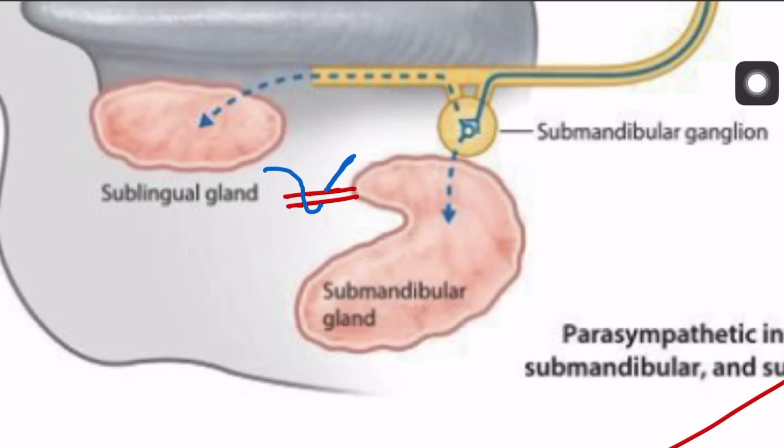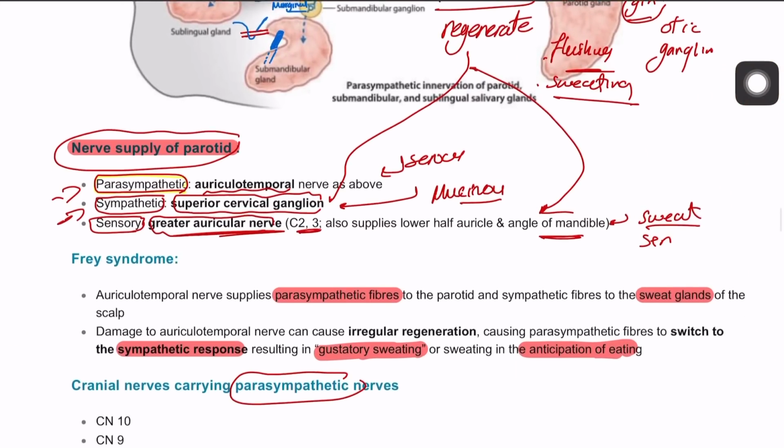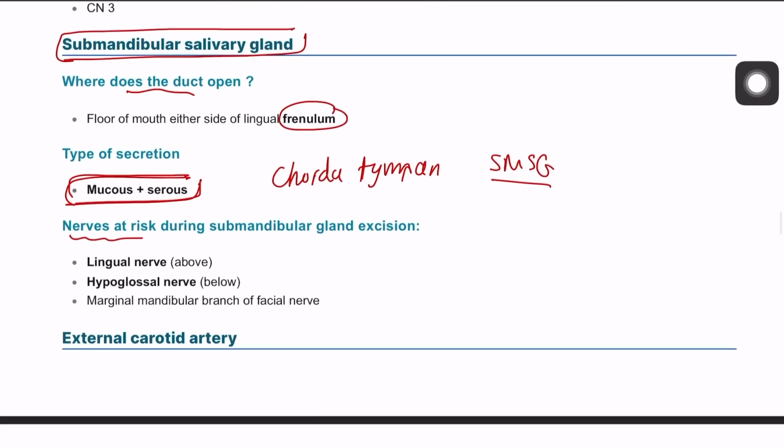The hypoglossal nerve will be here between the superficial and deep part of the submandibular salivary gland. And obviously the mandible will be somewhere here. So this is the marginal mandibular nerve as well. So you have three nerves that can easily be affected, which are the lingual nerve, the hypoglossal nerve, and the marginal mandibular branch of the facial nerve.